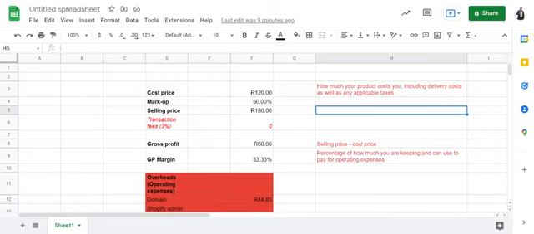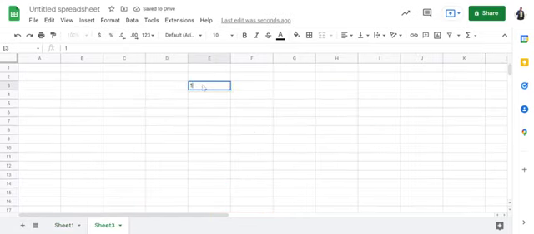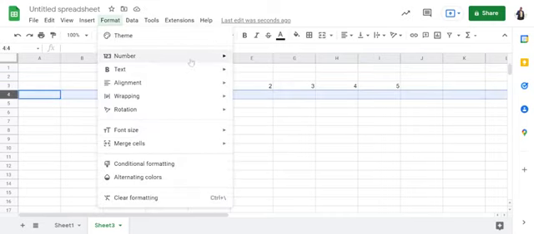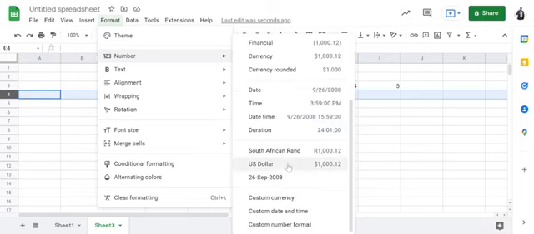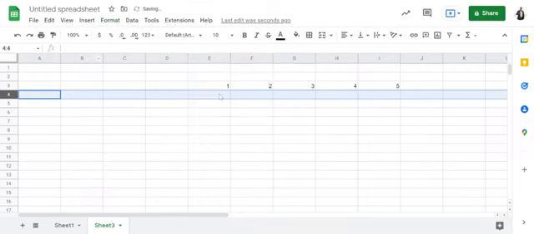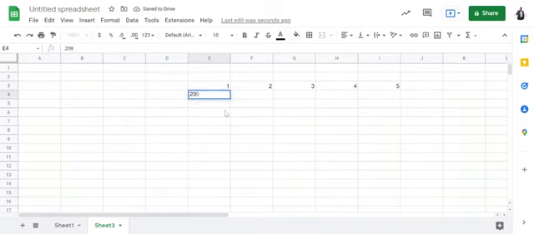Okay, let's do it practically so I can help you. Competitor number 1, 2, 3, 4, 5. Let's just do 5, so it's easier. Let's say competitor 1 for the same product charges 200.